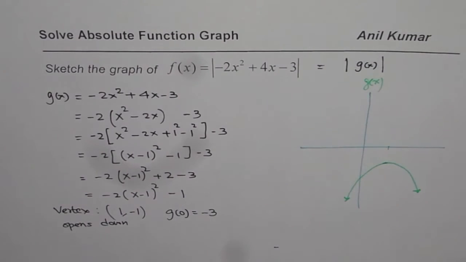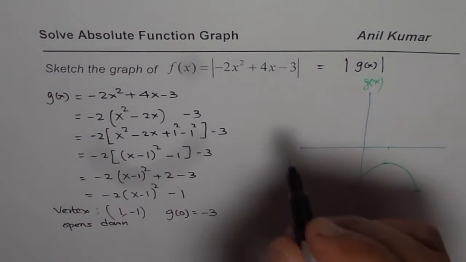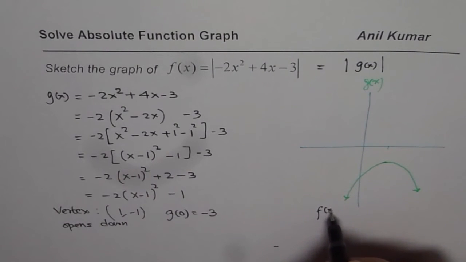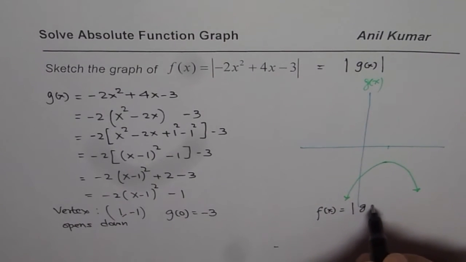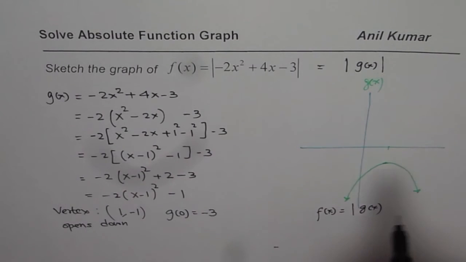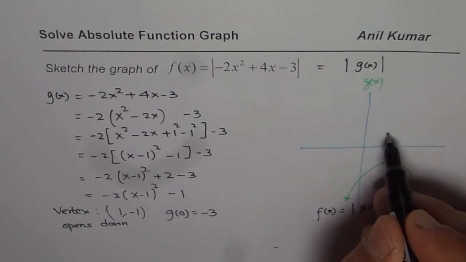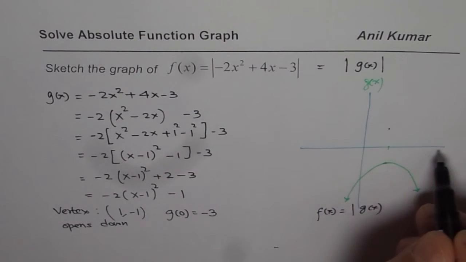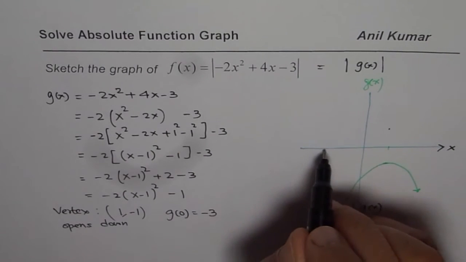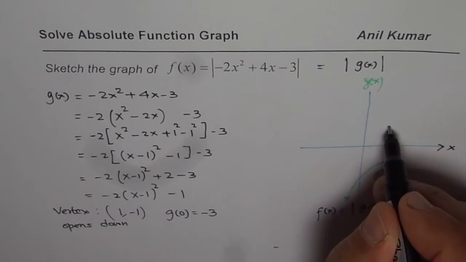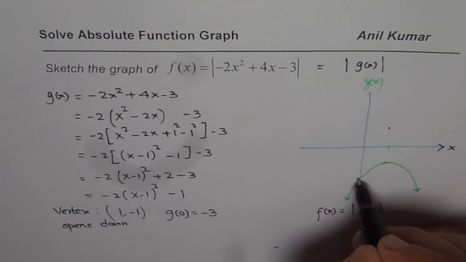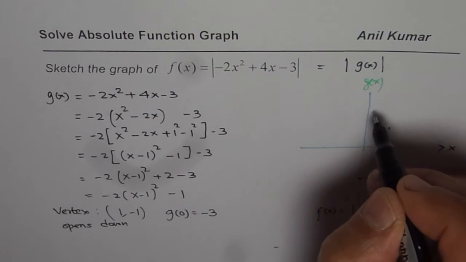We need to sketch the absolute value of g of x. So what we'll sketch now is f of x, which is the absolute value of g of x, right? In that case, what happens is we will flip it over the x-axis, correct? So this point will appear here, and then this, which is at minus 3, should be at plus 3, right?